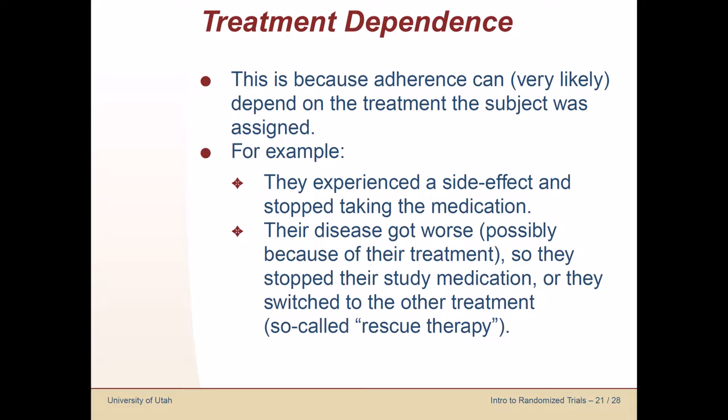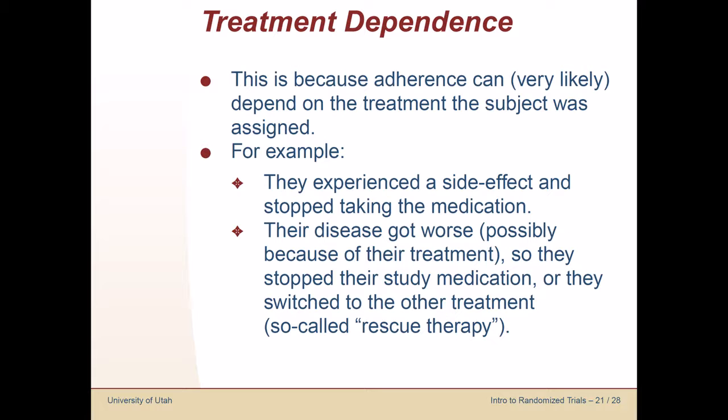This is because the adherence can, and very likely will, depend on the treatment the subject was assigned. For example, they're taking their drug and experience a side effect, so they stop taking the medication. Or maybe their disease got worse, which could have had to do with what treatment they were given, so they stopped their study medication.